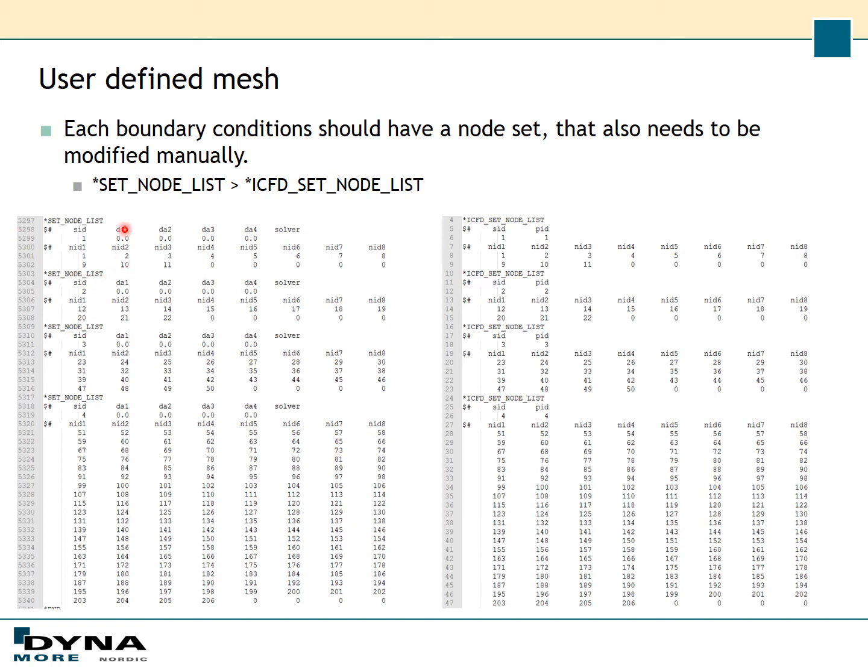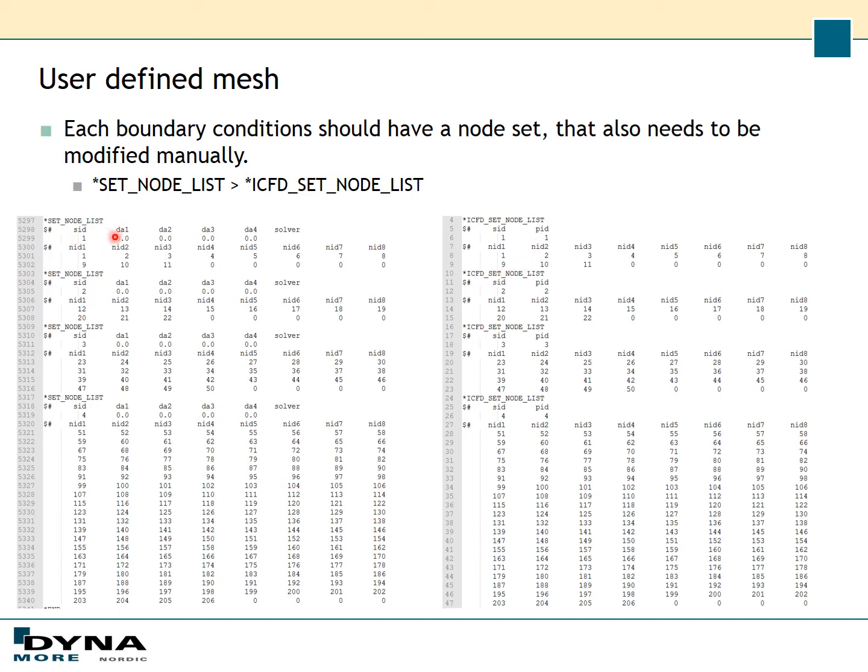Here on the left side is the structural format that you get when you create them in LS-PrePost, and on the right side we have the ICFD format. You only change the heading and the second line, the rest is the same.